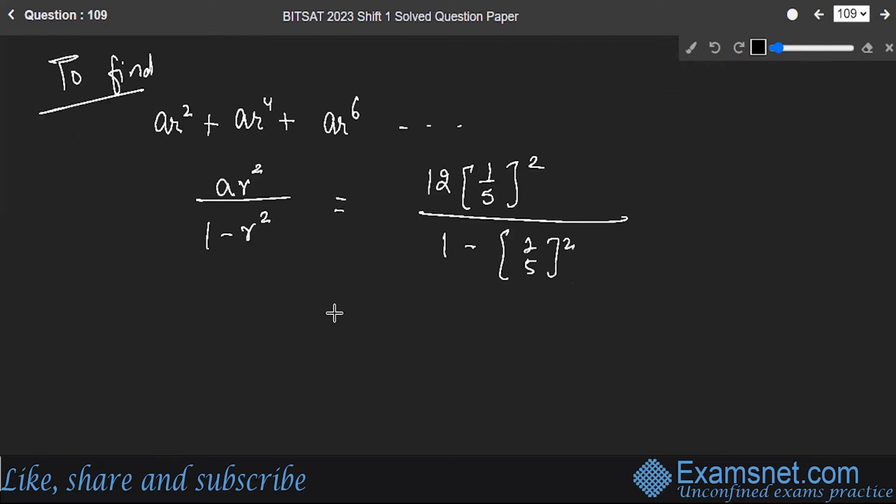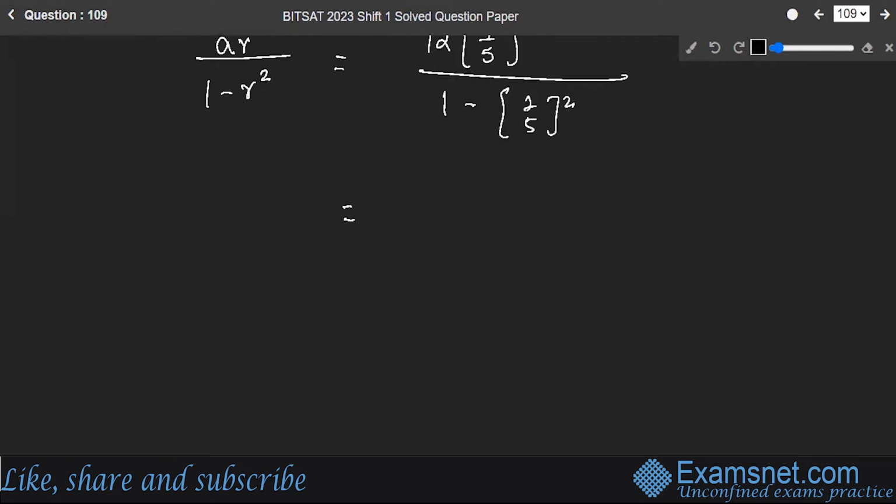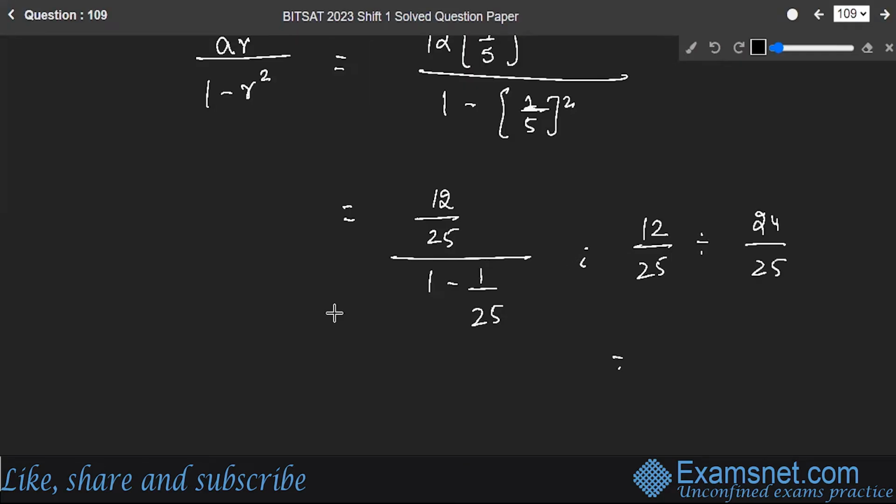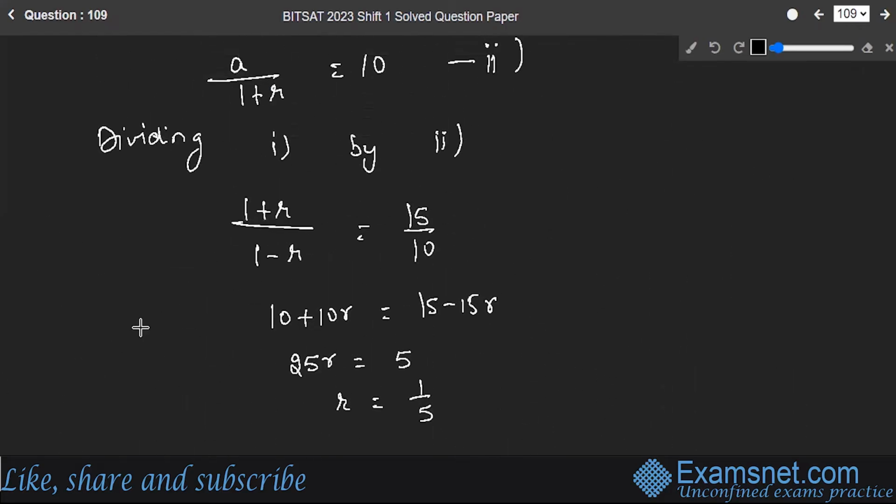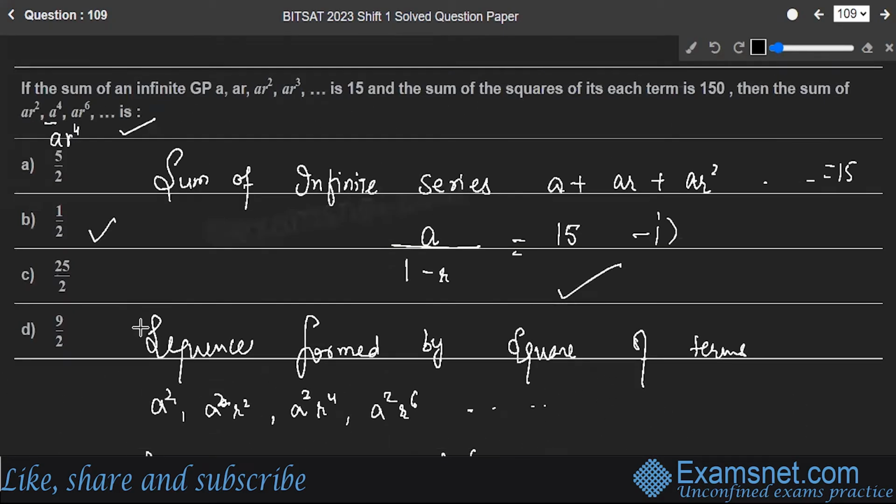This will be equal to 12 upon 25 upon this, 1 minus 1 by 25, or you have 12 by 25 divided by 24 by 25. 12 by 25 multiply this, you have 1 by 2 as the answer. Let's check. You have option B as the correct answer.